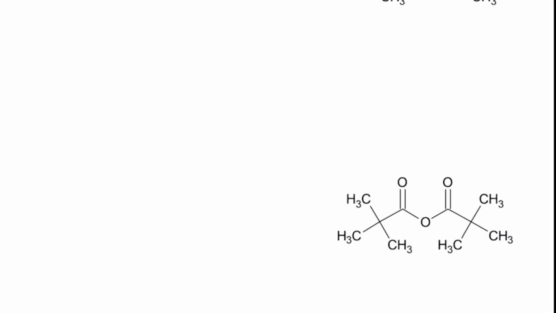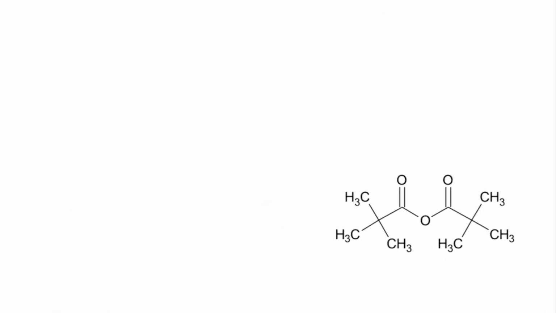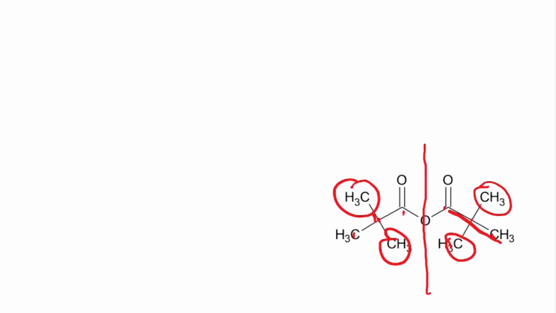And finally, in our last example, it looks like it's a symmetric one again, even though it looks complicated. It's the same on both sides. I have 1, 2, 3 carbons on this side, and then I have 2 methyl groups hanging off the number 2 carbon. And on this side, 1, 2, 3 carbons as well, and I have 2 methyl groups hanging off the 2 position. So this is a symmetric molecule.